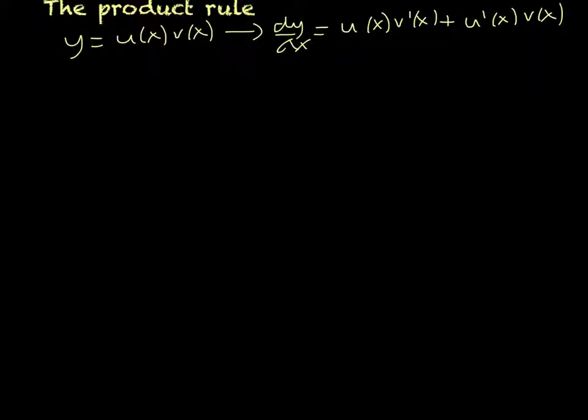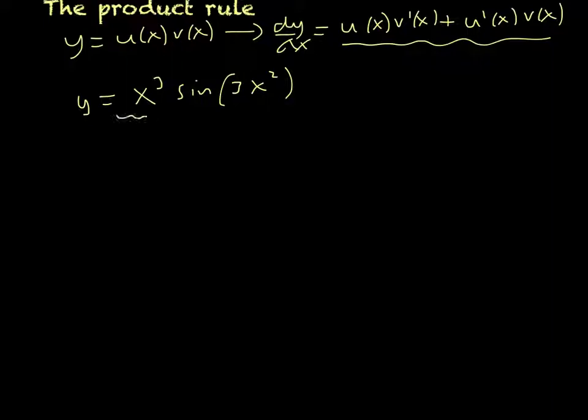Okay, so let's do a little bit more, but I'm not going to split them up anymore in terms of u and v. I think we're going to get the picture pretty quickly. Let's go for y equals x cubed sine 3x squared. So again, we've got a product, two functions timesing each other. This is u, this is v. And I'm going to launch straight into it.